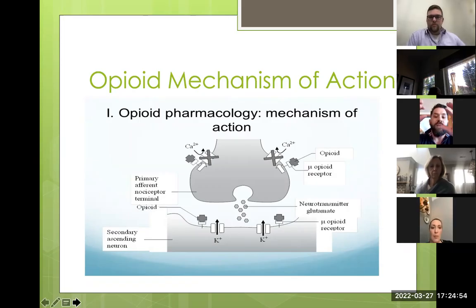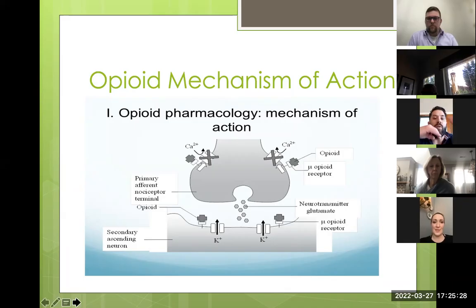When the mu receptor is activated, it closes off that calcium channel, inhibiting the influx of calcium, which, if it came into the neuron, would cause a release of substance P. They also work postsynaptically on the mu receptor, and that helps to decrease the activation of the NMDA receptor and keep it from depolarizing.